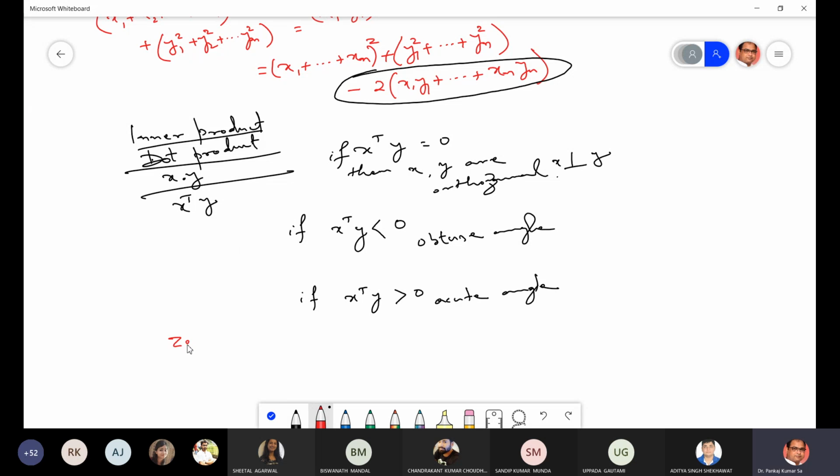That is the zero vector. Zero vector is the only vector which is perpendicular to itself. Further, it is perpendicular to all vectors in Rn.